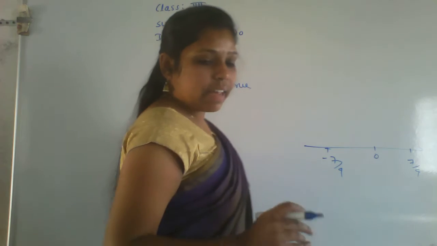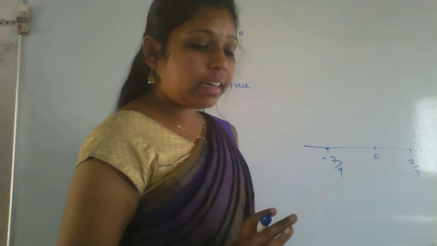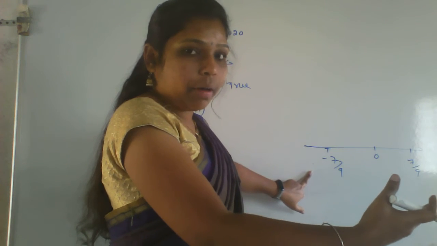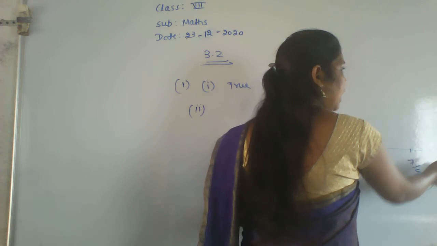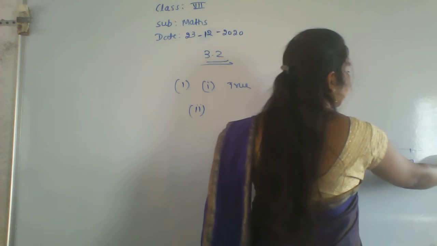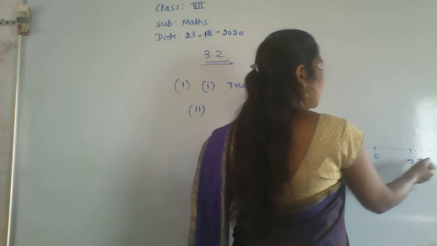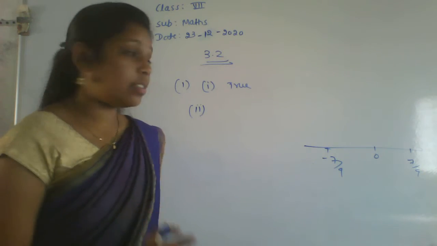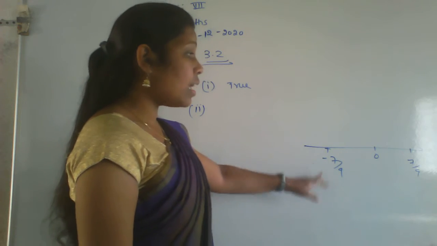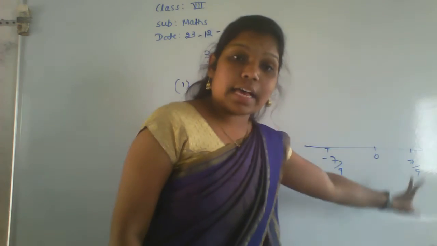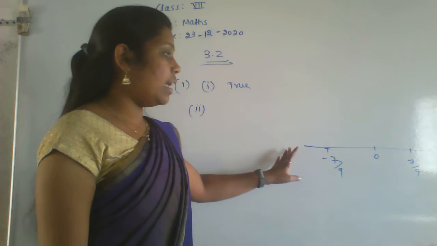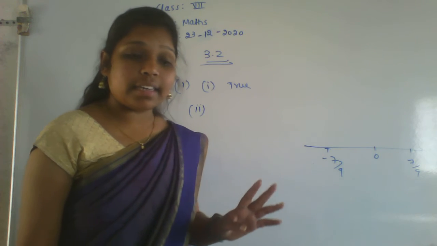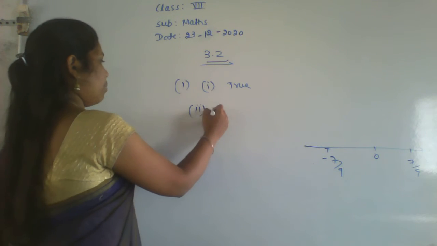Right side would mean it should be on the right, but it is on the left side. This minus 7 by 9 is to the left of 7 by 9. By seeing the number line we can say that, so the statement is false.